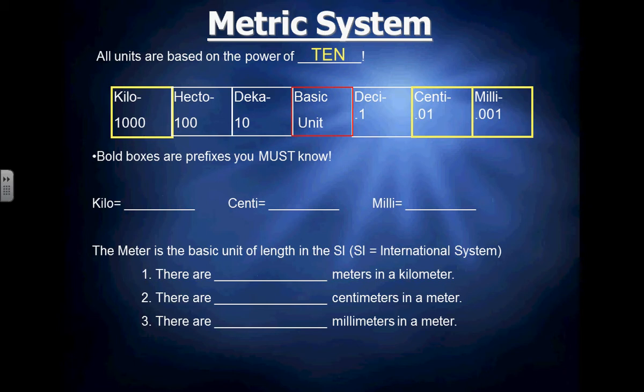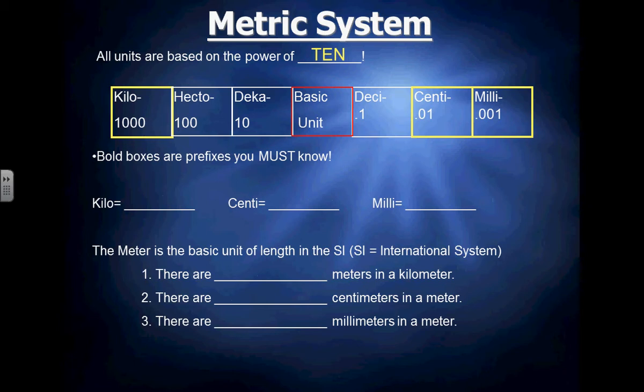Because to convert from one unit to another, all we need to do is what? We can divide and multiply, but even easier than that, we can move the decimal point. And that's what we're going to be doing to convert from one unit to another. So let's look at some examples of it. If you could picture this chart here, it'll help you to understand how we move the decimal.